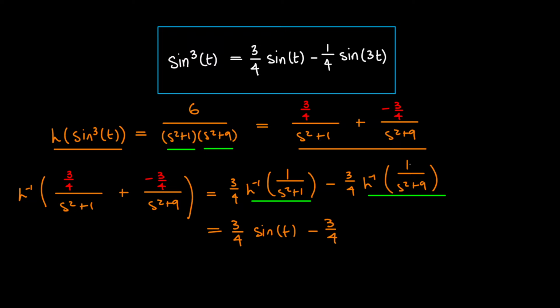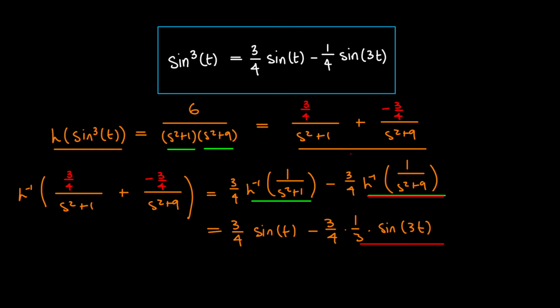And, all right, there's a bit of a trick involved here. We have to realize that the inverse Laplace transform of this function here is just going to be 1 over 3 times sine of 3t. Okay, so just to be clear, the inverse Laplace transform of this function is just this one here.